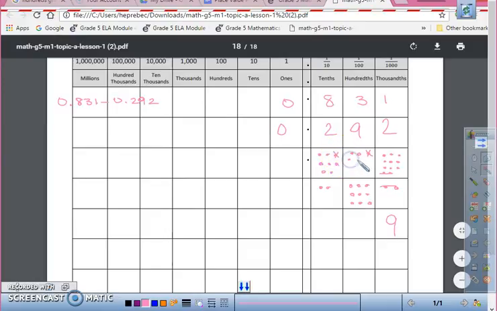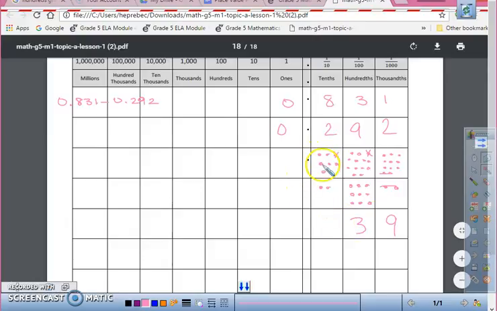And 10 hundredths make 1 tenth, so I added 10 more discs. So I have 1, 2, 3, 4, 5, 6, 7, 8, 9, 10, 11, 12. And from 12 discs, I'm going to take away 9. I'll have 3 left over.